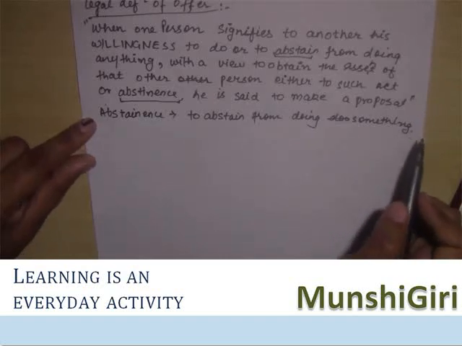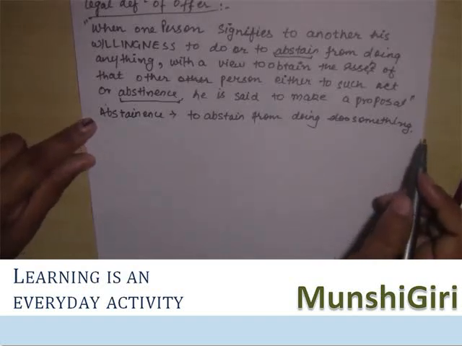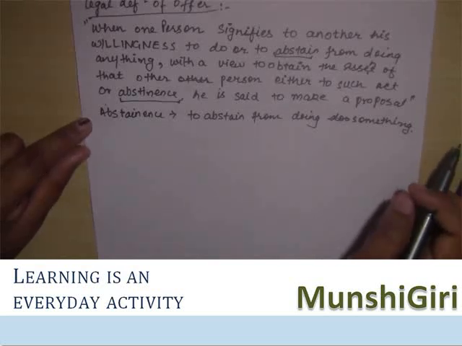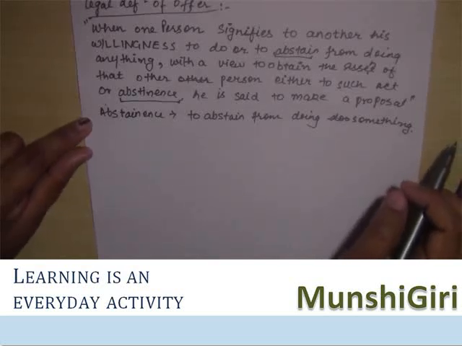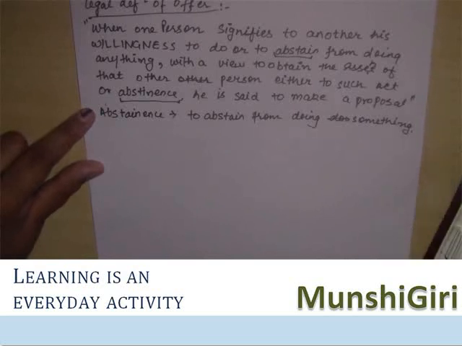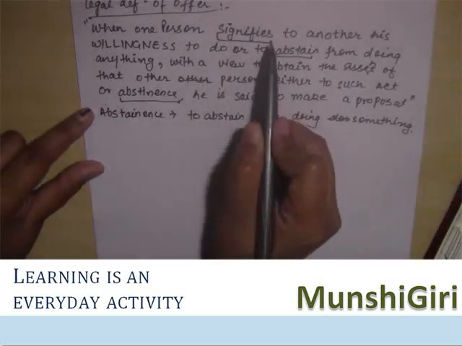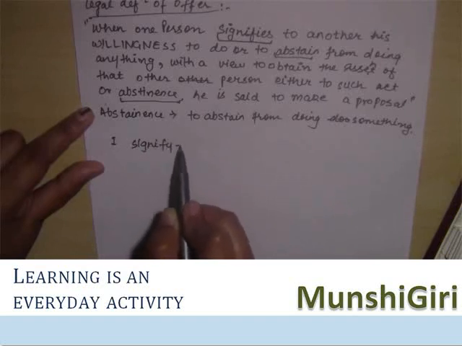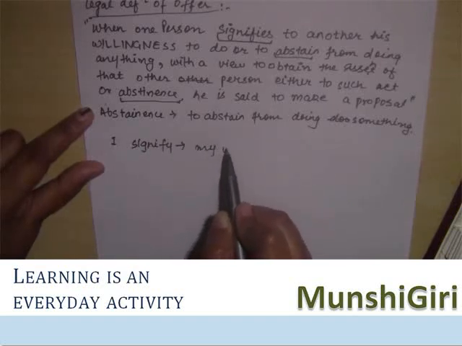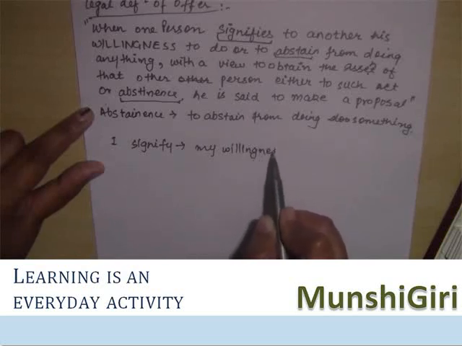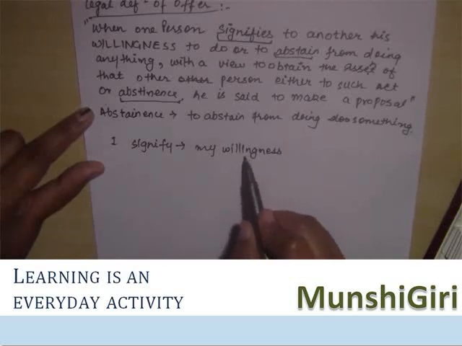We'll look at an example to simplify this definition. For example, I offer to teach you for, let's say, rupees 1,000 a month. So what do you see hidden in the offer I have proposed? I signify my willingness to do something.